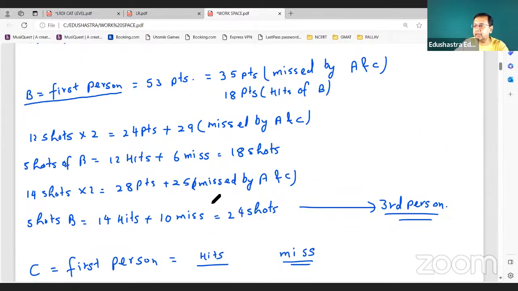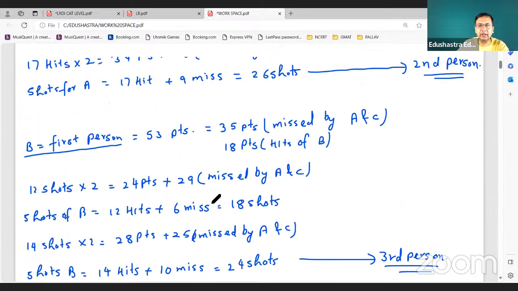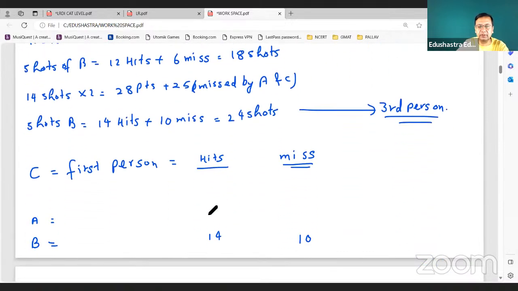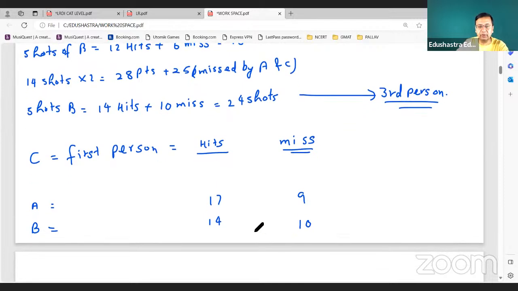And for A, this is 17 hit and 9 miss, right? So this is 17 hit and 9 miss. Done. And I know total is what? Hits are how many? 43. And misses are how many? 35. Right.